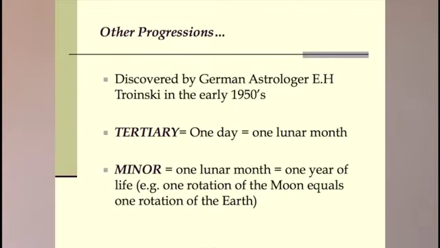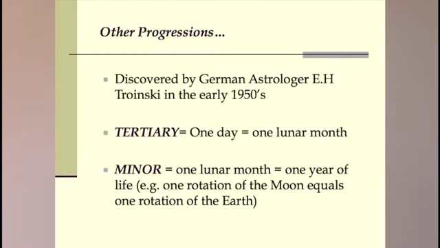Perhaps I should introduce the fact that there are other progressions. You don't have to do a day equals a year. The two better known ones are tertiary and minor progressions, and these were, as you'll see in slide 5, discovered by the German astrologer Troinski in the early 1950s.